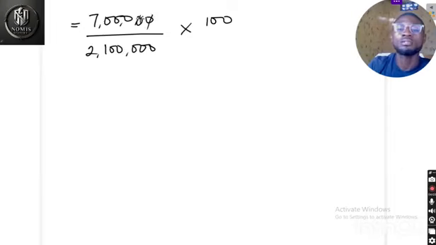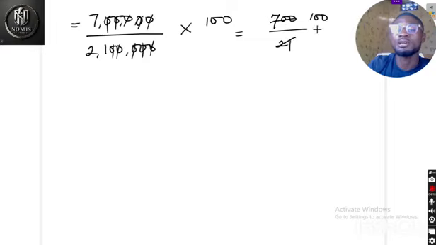Cancelling the zeros, I'll be left with 7 times 100, which is 700, all over 21. So 7 into 700 is 100, and 7 into 21 is 3. So 100 divided by 3 is 33.3 percent.